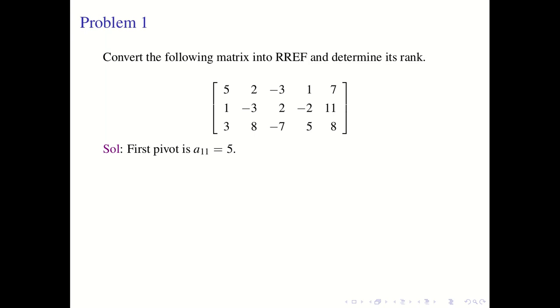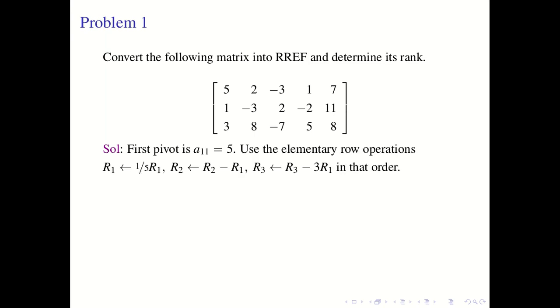Let's start with the algorithm by identifying the first pivot. The first pivot is A11, which is 5. The first thing is to make it 1 and then reduce the other elements in that column to 0.